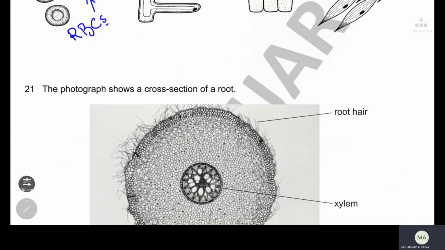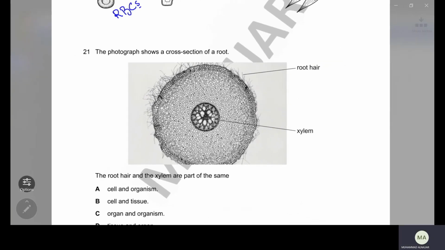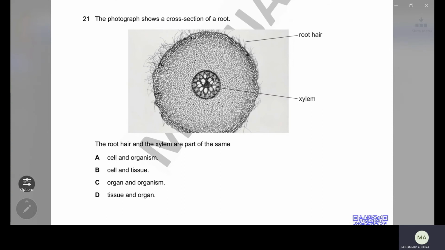Question number 21. The root hair and the xylem are part of the same what? This is the root hair and this is the xylem. The options: both are in the same cell and organism, or cell and tissue, or organ and organism, or D, tissue and organ.